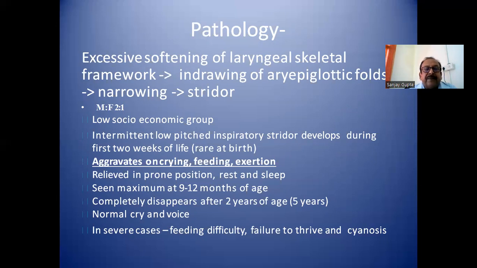It is seen maximum at the age of 9 to 12 months, and it completely disappears by the age of 5 years. The cry is normal and the voice is normal. In severe cases, there can be feeding difficulty, failure to thrive, and cyanosis.